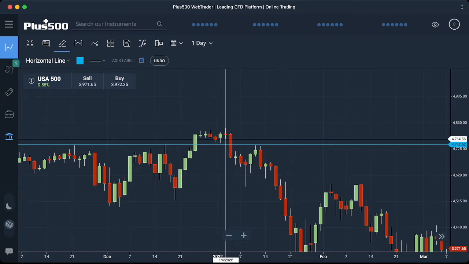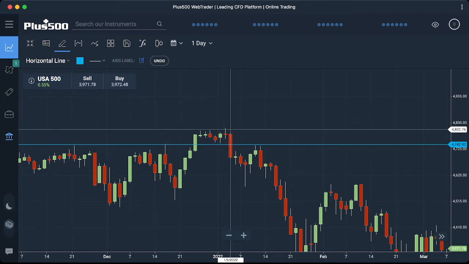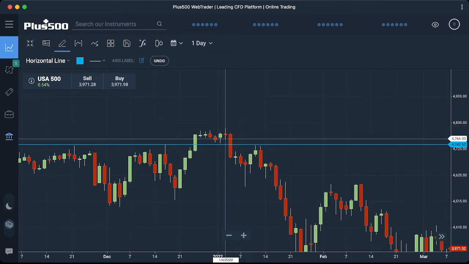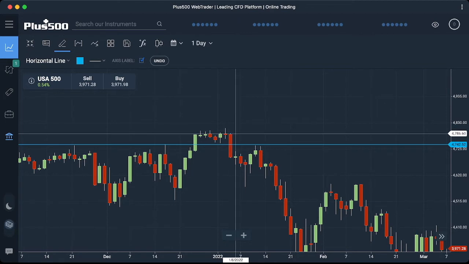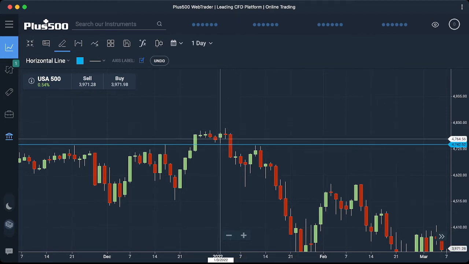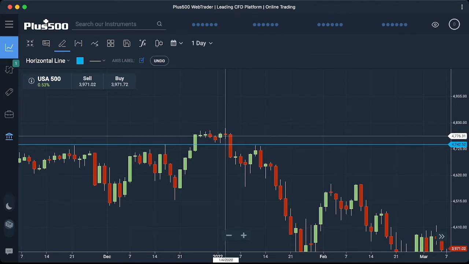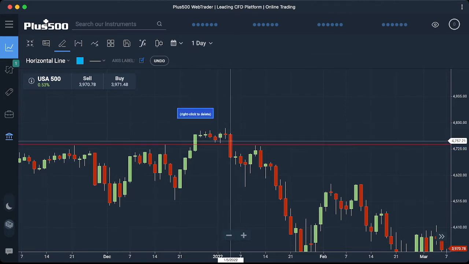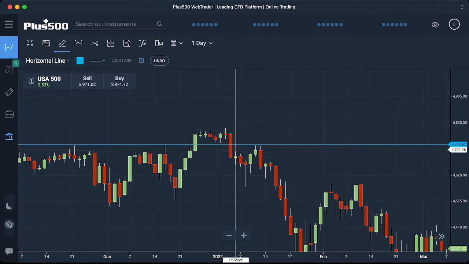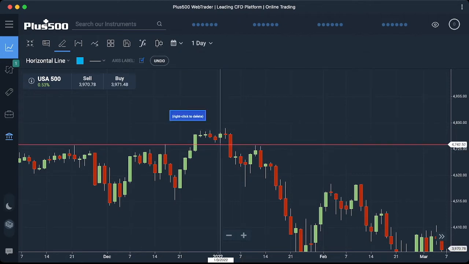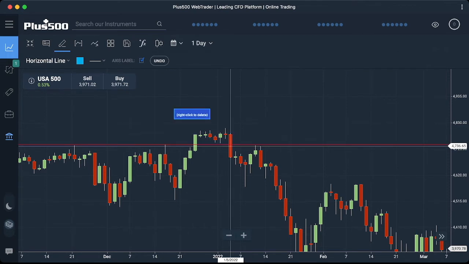The top one forms the high, and the other two on the side have highs below the high of this candle. This is called a swing high. Once we have this swing high and this bearish candle closes below the left candle of the swing high, it means we are going to the downside.